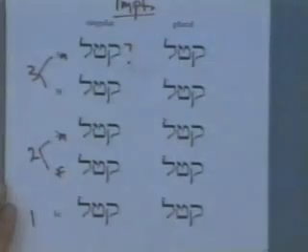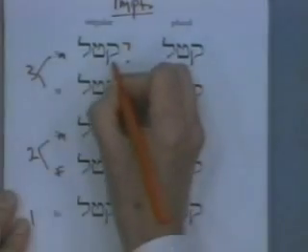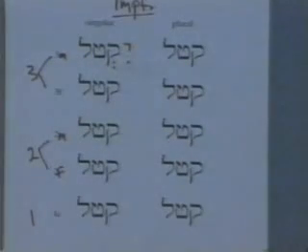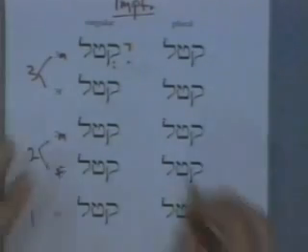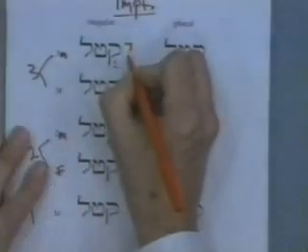The yod has a hireq and a silent shva under the kof of the root letter, so that the first syllable here is yik. We won't worry about the rest of the word. Yiktol is the way we're going to pronounce this. But you've got to learn the yik, the yod.